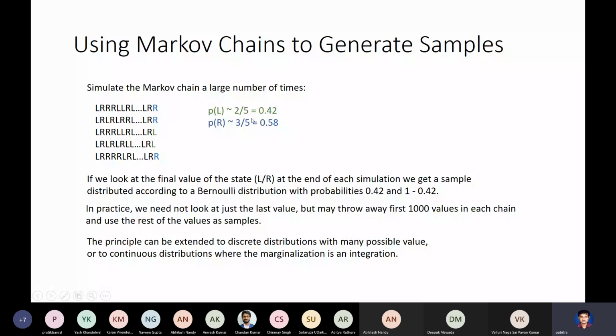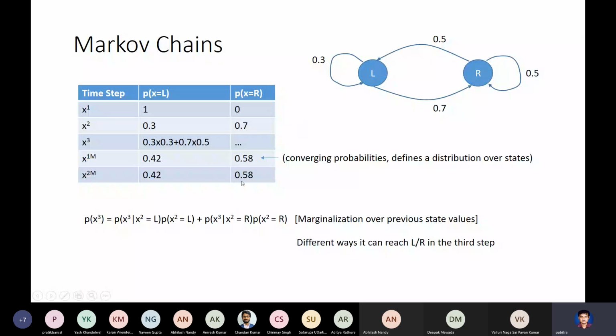If you look at the empirical value of probabilities, that means the frequency of these states in this chain, you will see that they will be pretty close to these convergent values, these converging probability values, or rather they will be close to the converging distribution.